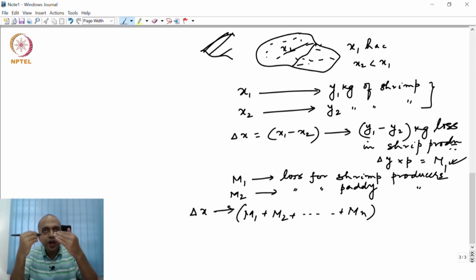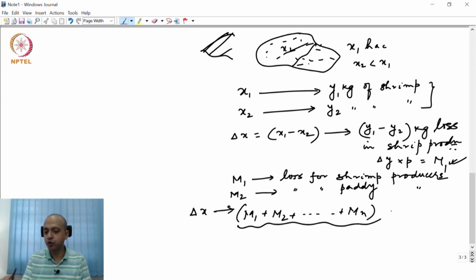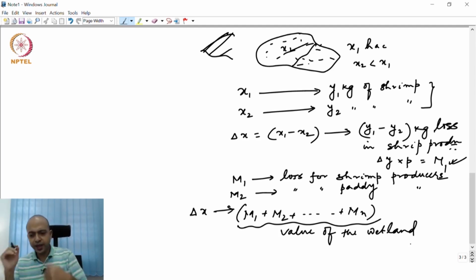So when a reduction in the size of a particular wetland happens, this is the total amount of loss that we incur, and that is the value of the wetland. Now this is the production function approach that we discussed here.